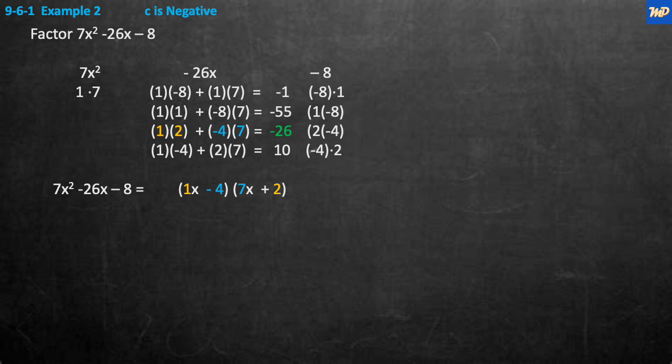So we have that the c term is negative. And the only way the c term can be negative, we've talked about this before, is if one of the factors has to be positive and one of them has to be negative.